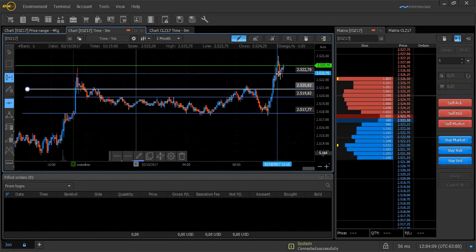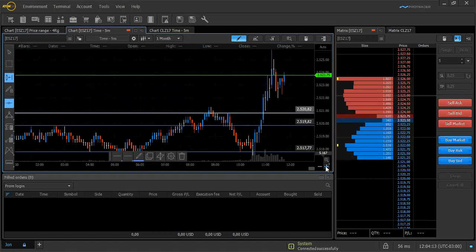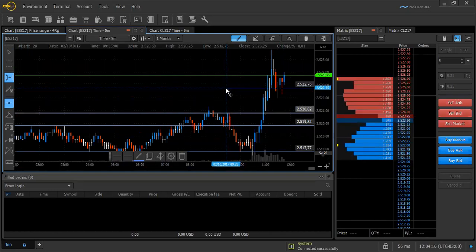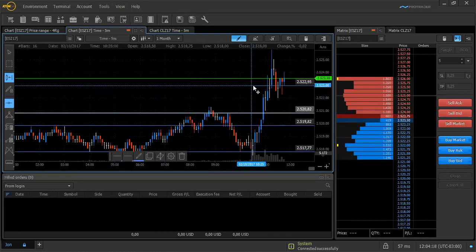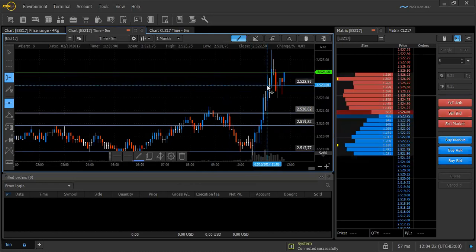And right now, probably somewhere around here. Can you see this candle here, this doji here? So the market is having trouble breaking out the 523 line. See, it broke out here, but just went back. It's going up again.